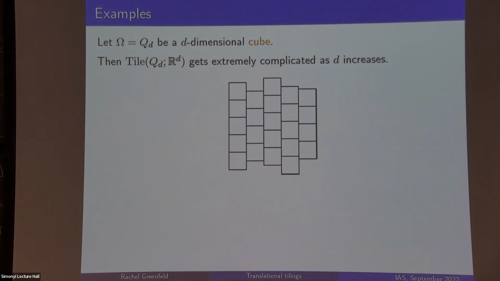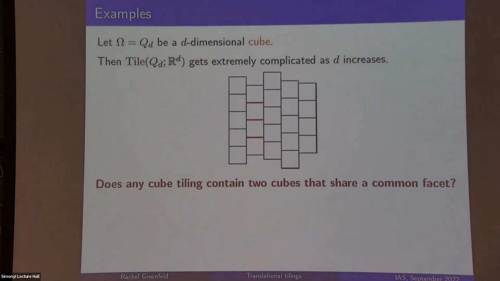But it turns out that in higher dimensions, the structure of these tilings gets extremely complicated. And just to demonstrate this phenomenon, I will ask you a question. Does any cube tiling contain two cubes that share a common facet?